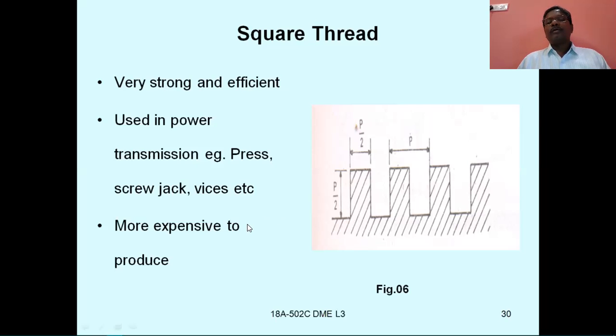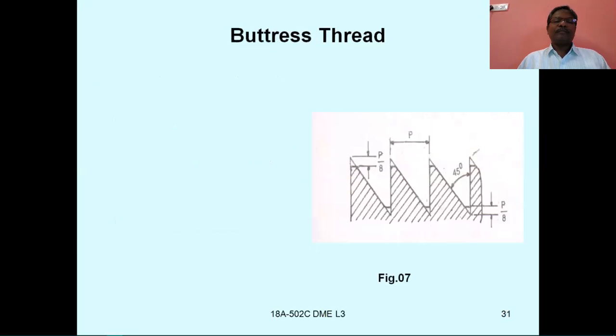The thread thickness is half of the pitch, where pitch is from this point to this point.